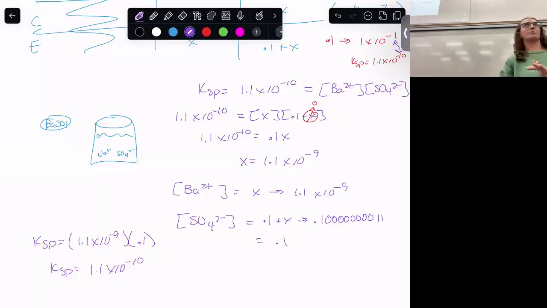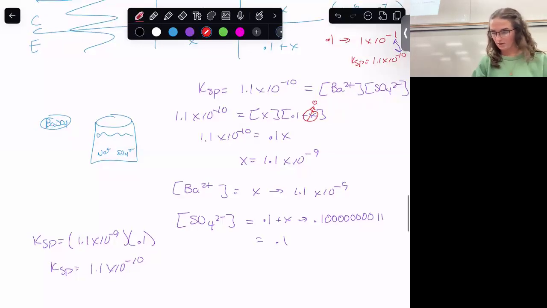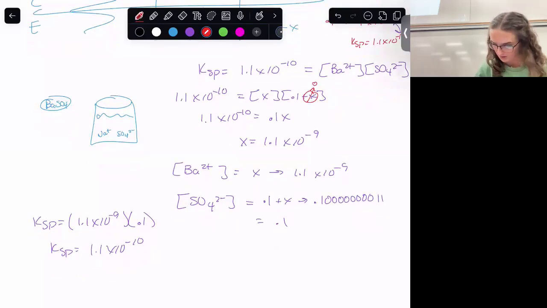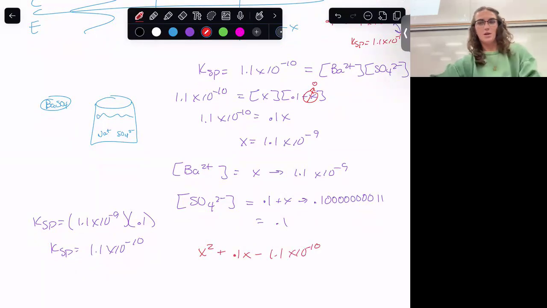Sometimes it's easier to see the math and the numbers actually work out. All right, and then if we were to plug this into the quadratic formula, what would that be? That would be x squared plus 0.1x minus 1.1 times 10 to the negative 10. We'll do a quick little quadratic calculator.